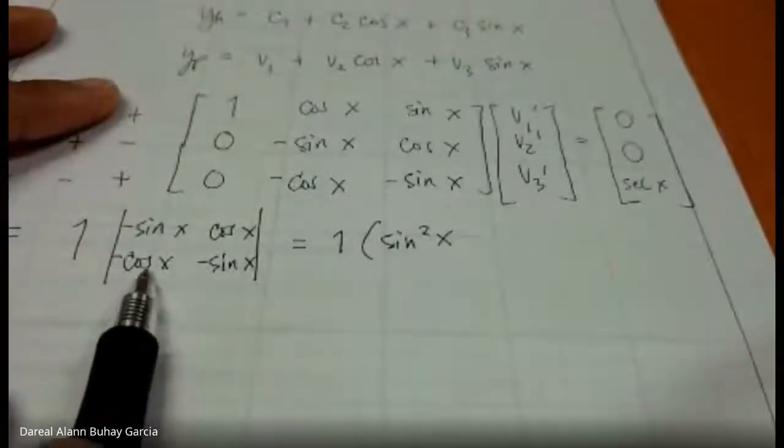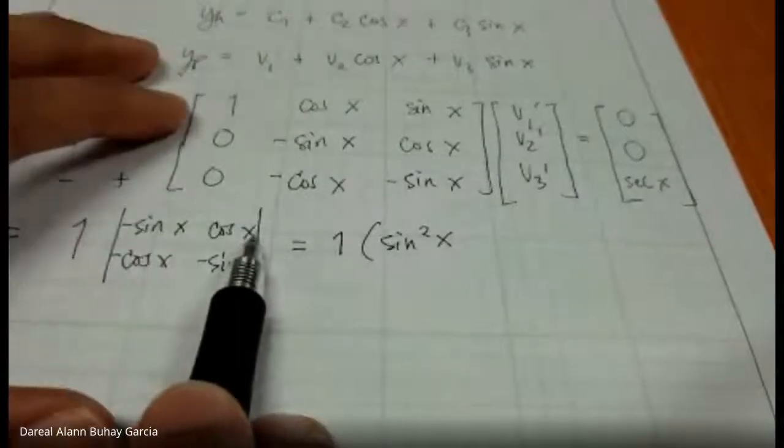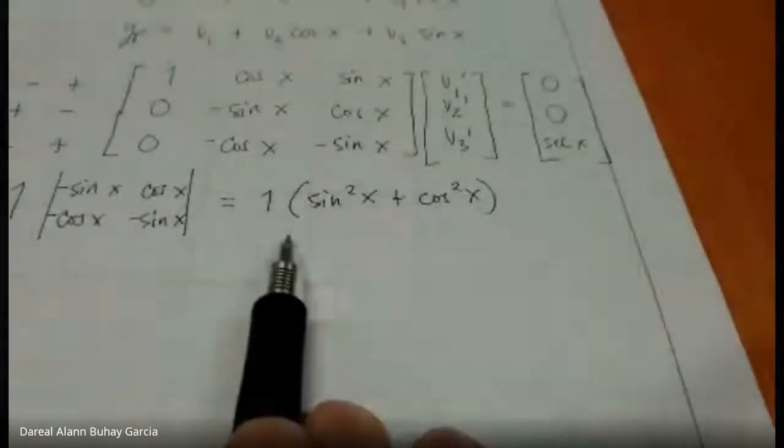Crisscross. Negative sine times negative sine is sine squared minus negative cosine times cosine is cosine squared. So minus negative is positive cosine squared. So the determinant is equal to 1. So the determinant of the matrix is equal to 1. Well, that's lucky for us.